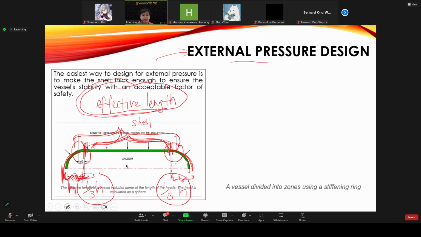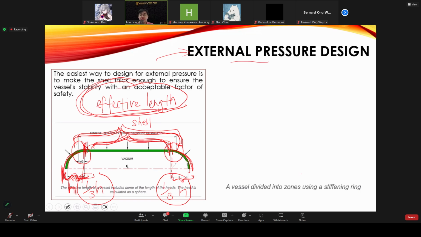And this total length is known as effective length. This is the method for how we design the thickness. Normally in the design of the thickness, we need to consider the effective length. This is the first method, how we design a pressure vessel to make sure it's strong enough to withstand the external pressure.